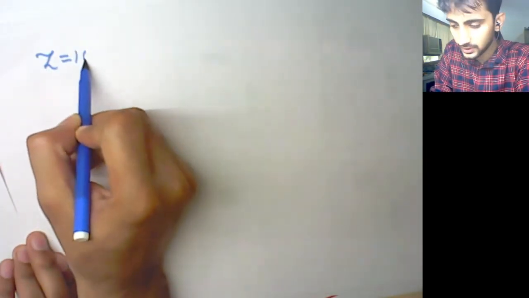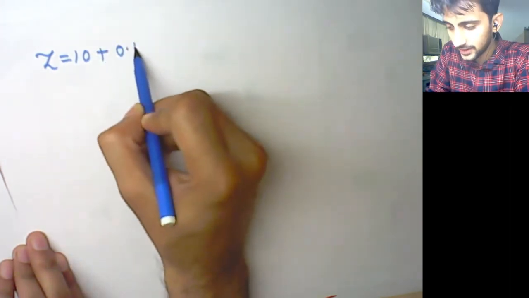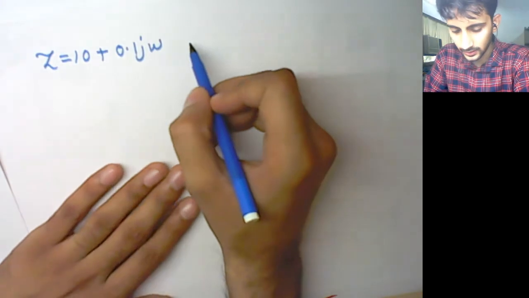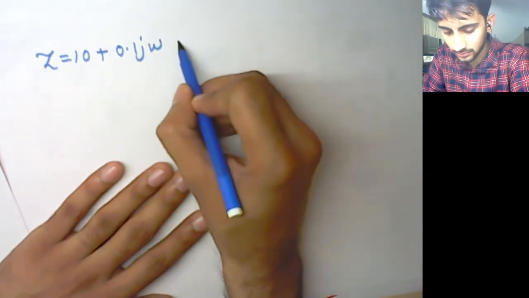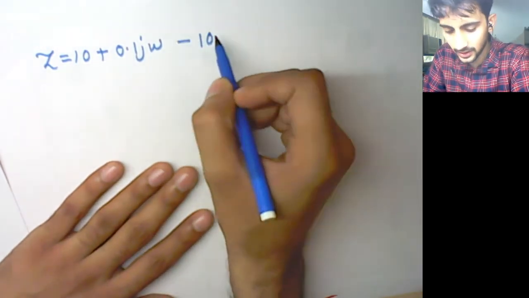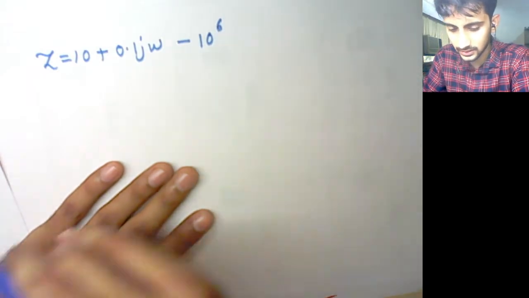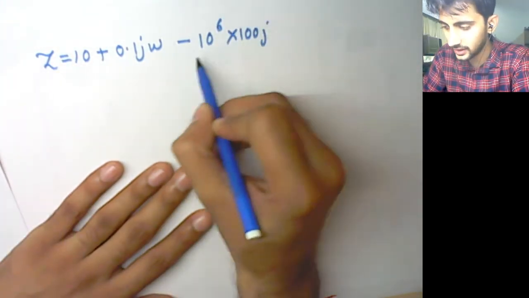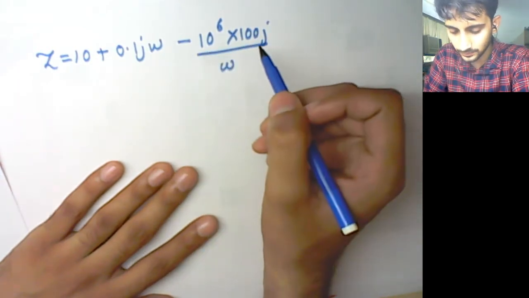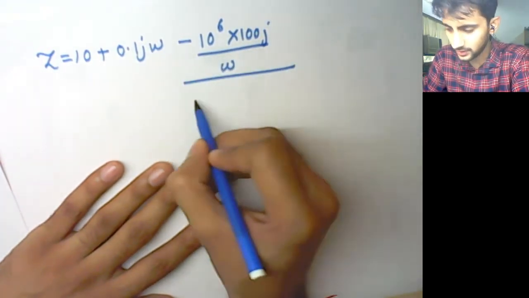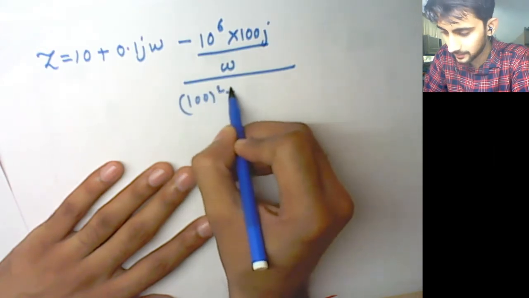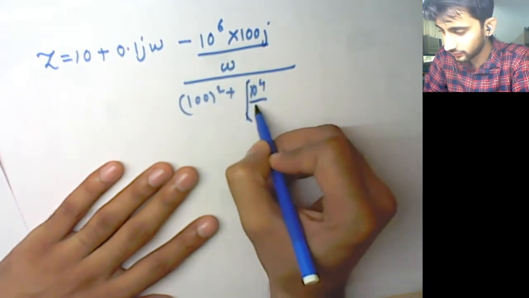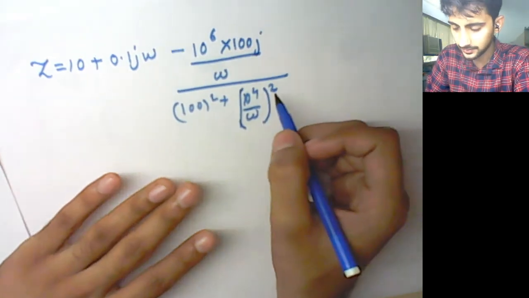So z is equals to 10 plus 0.1 j omega, or it's going to be something like minus 10 raised to the power 6 into 100 j upon omega upon 100 square plus 10 raised to the power 4 upon omega का स्क्वायर.